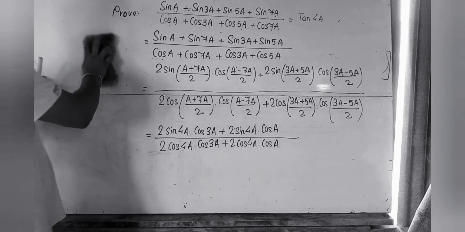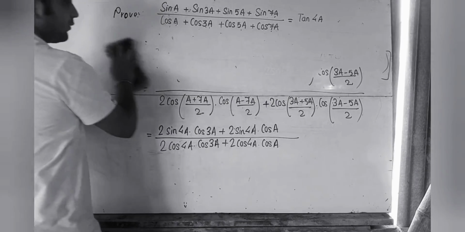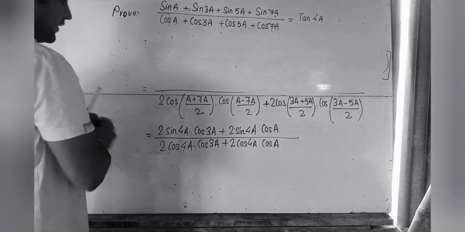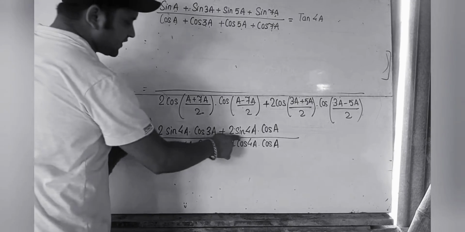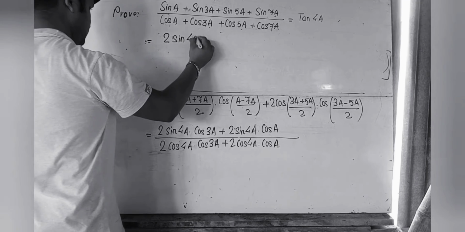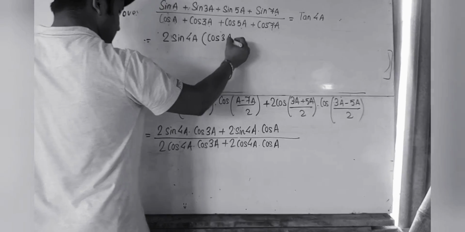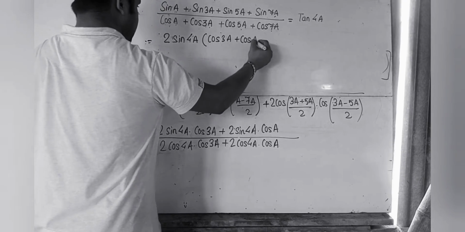Now we will see whether we can take something common in the numerator and in the denominator. It looks like 2 sin 4a can be taken common in the numerator. So you can write here 2 sin 4a. After taking it common, what you have left is cos 3a plus cos a.